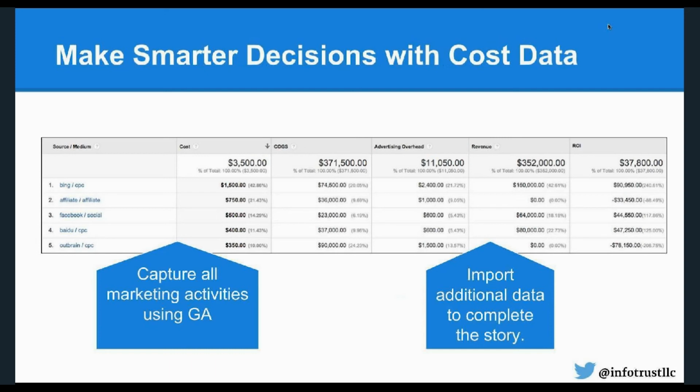And then we bring in information about advertising overhead, because a lot of retailers advertise with search agencies and usually pay a percentage or some kind of flat fee. But how do we account for that information? In this case, we are bringing in advertising overhead for each of those marketing channels. So then revenue and ROI becomes a lot more granular.